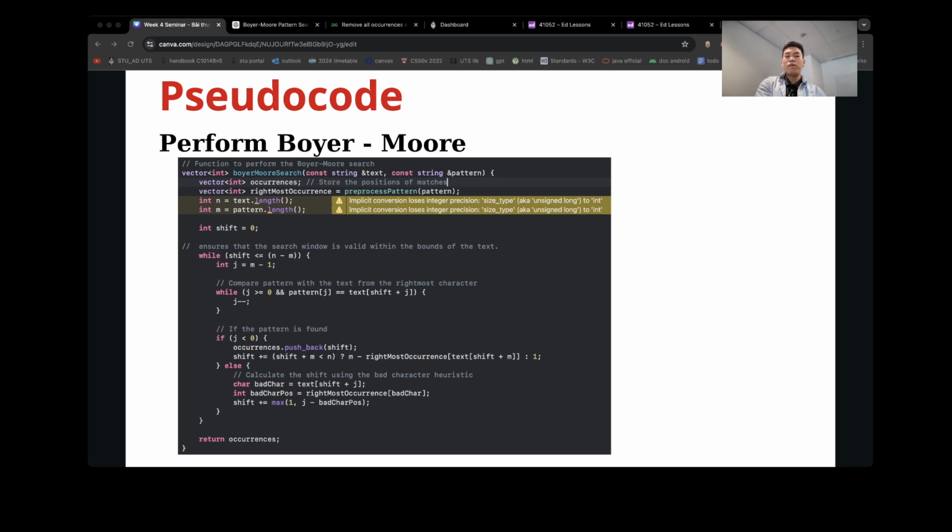The R of that character gives the position of its rightmost occurrence in the pattern, and you take the difference between them, which tells you how much to shift the pattern so the character aligns with its rightmost occurrence in the pattern. Do you see what I'm saying? Okay, thank you.